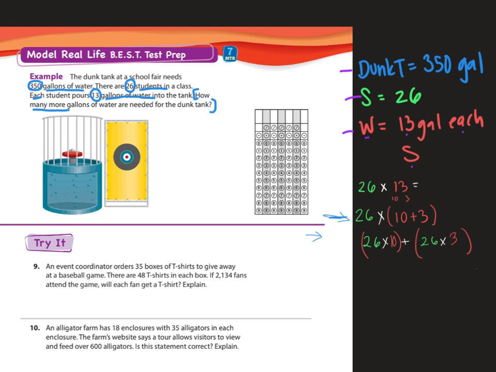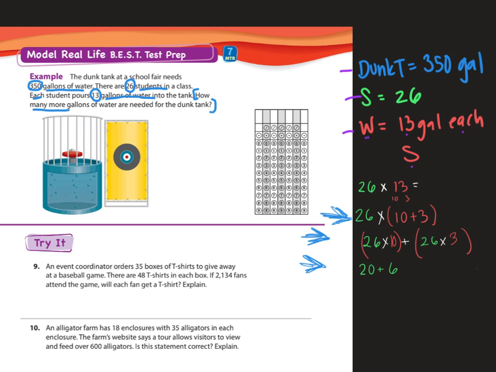So I break apart, I distribute, and now I need to break apart. I'm going to break apart 26 into 20 and 6, or 20 plus 6. So this becomes 20 plus 6.